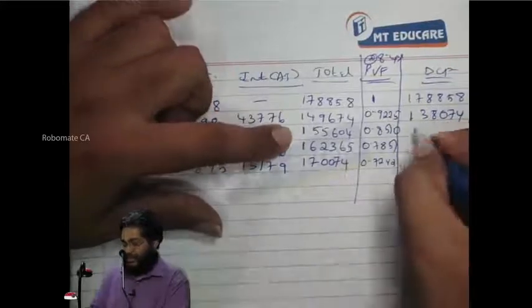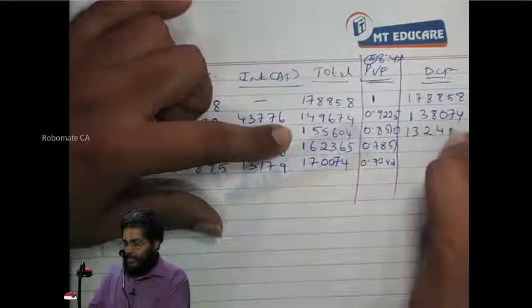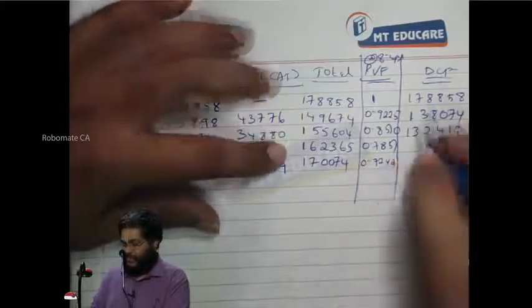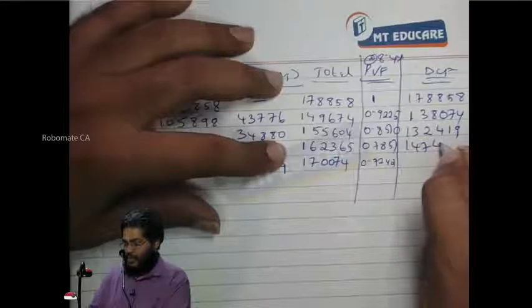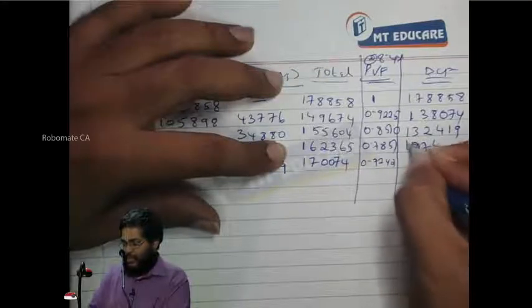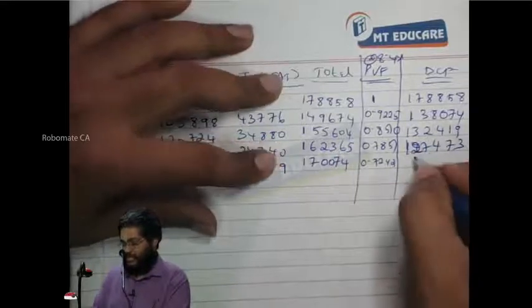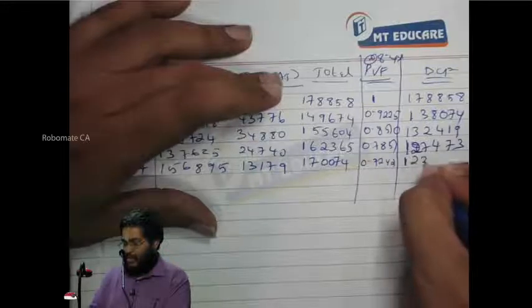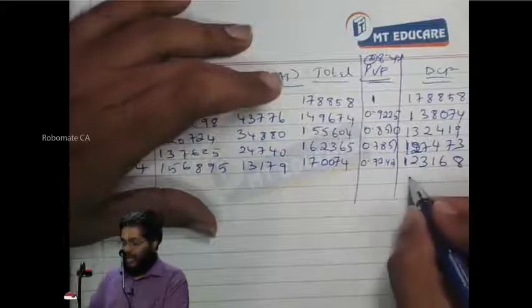Third case, 1,47,000. Next, 1,27,473. Last, 1,23,160.